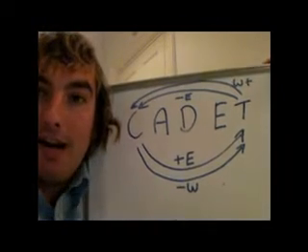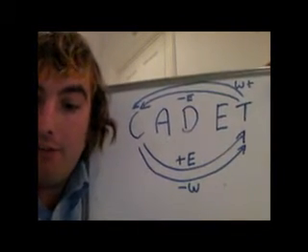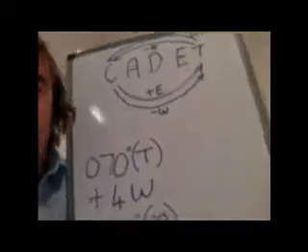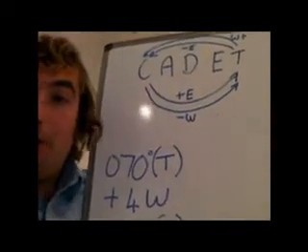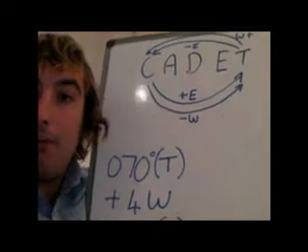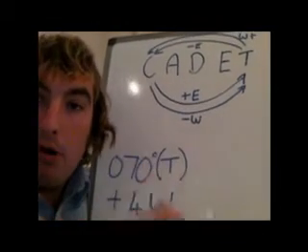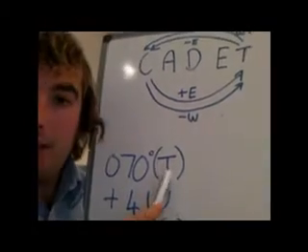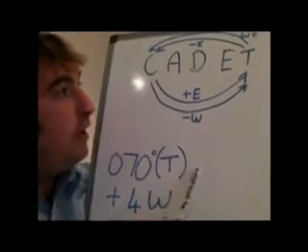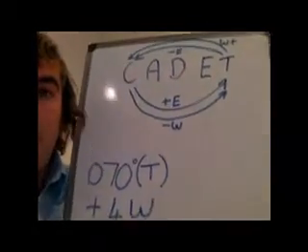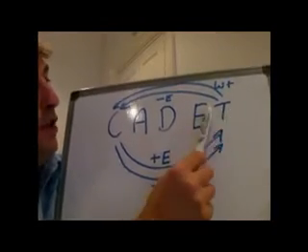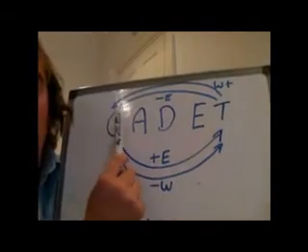So going back to our example before, we worked out we've got 4 degrees of variation. We've just worked out on our chart that where we want to go is at 070 degrees true. That's what the T stands for there, true. So back to our Cadet, we're at true, we want to get to the compass course.